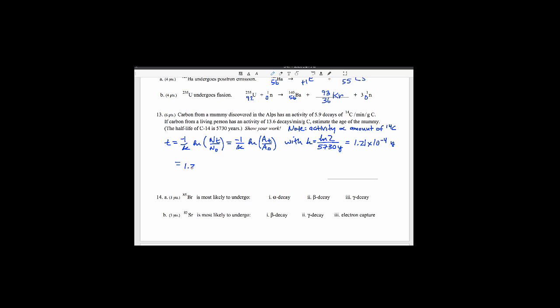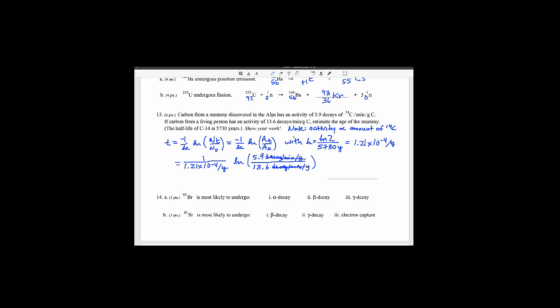So we have -1 over 1.21 times 10 to the -4th per year, times ln of the activity at time t, that's now 5.9 decays per minute per gram of carbon, compared to when it was living, 13.6 decays per minute per gram of carbon.